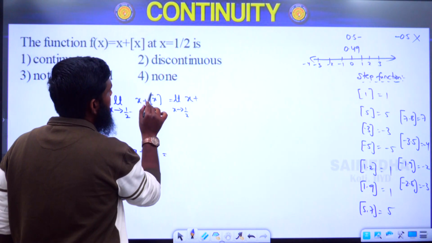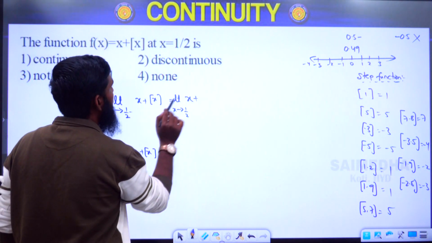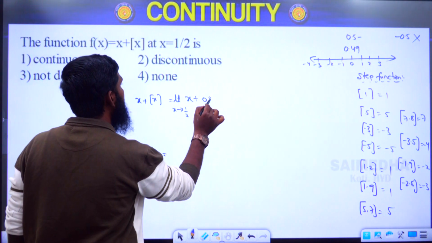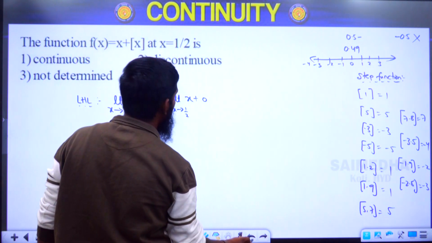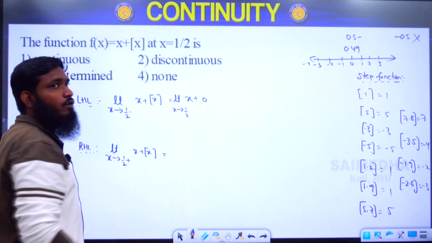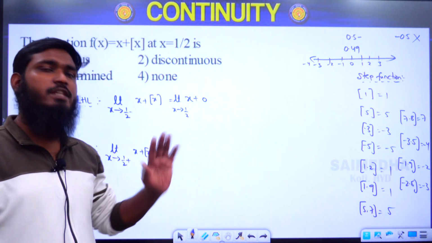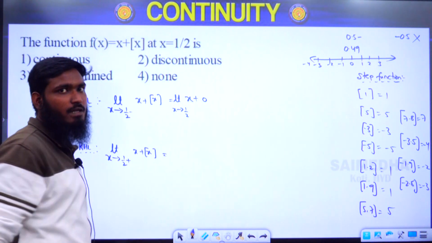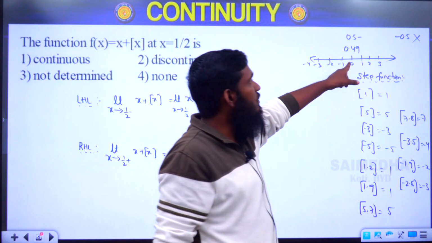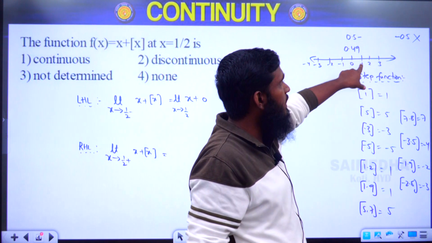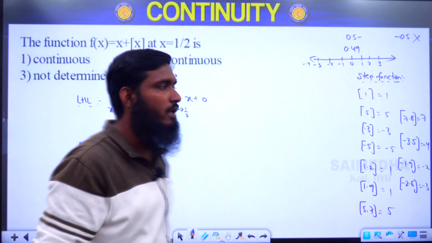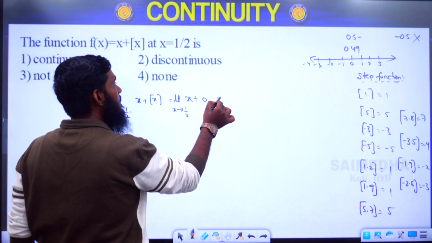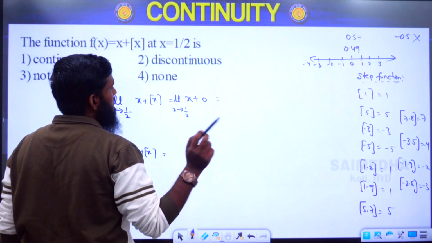Now bracket of 0.49 means 0, the left number. 0.49 is lying between 0 and 1, and the left number is 0. Okay, so that part we have taken. Then what we have to do, listen here carefully.